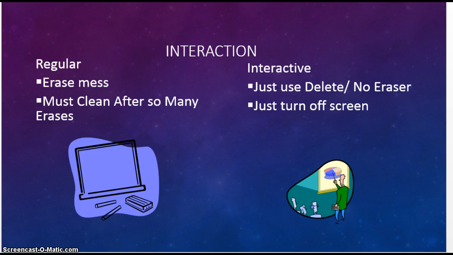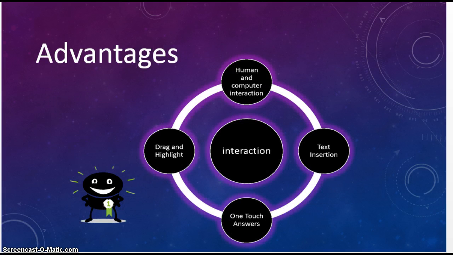So yes, it's very simple, and like I said, it's easy to use. And it has its ups and its downs. It has its advantages, as you can see here. Like I said, the smart board lets the human, or lets the student in this case, interact with the board, so they can adjust the settings and maybe something's too high up and they can bring it down for them.